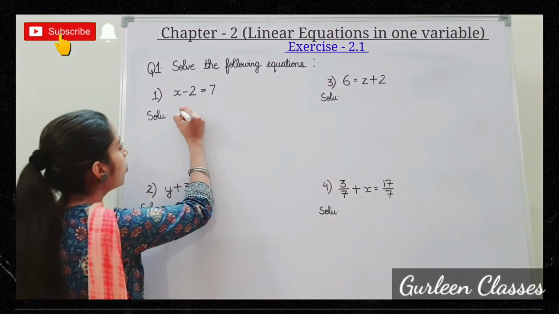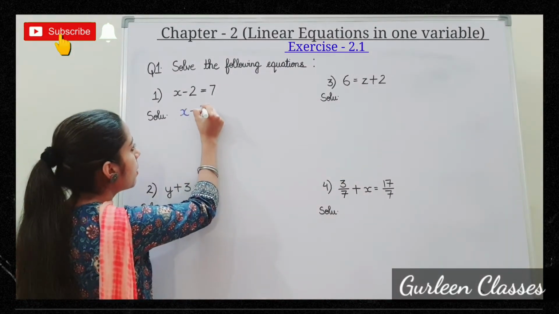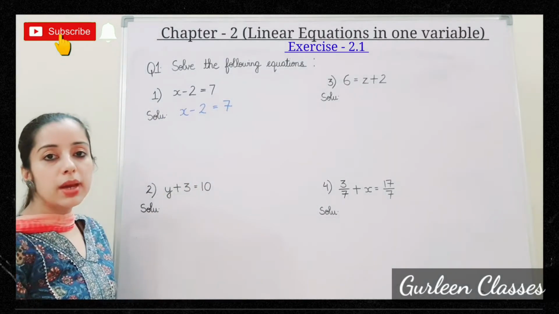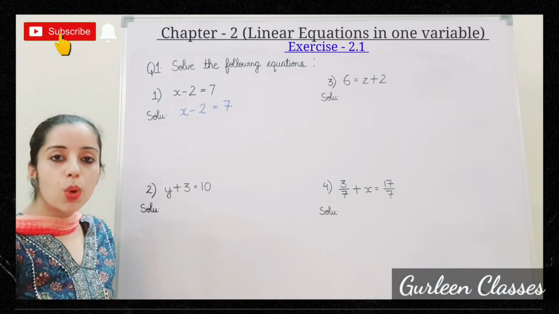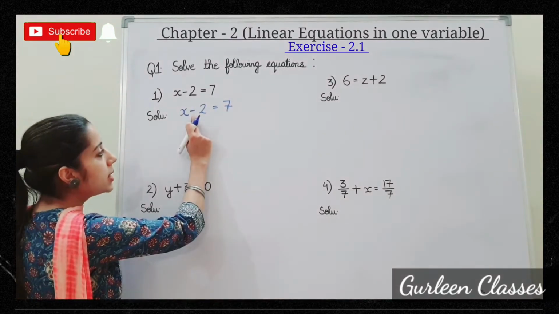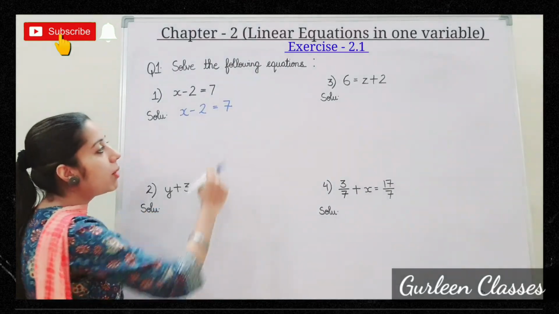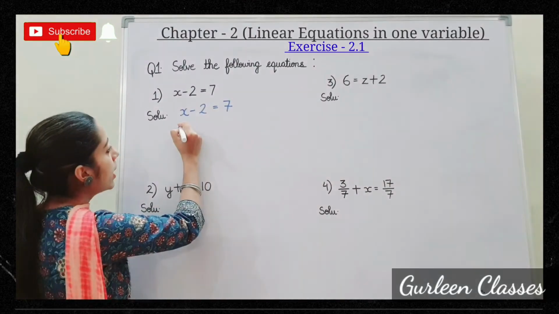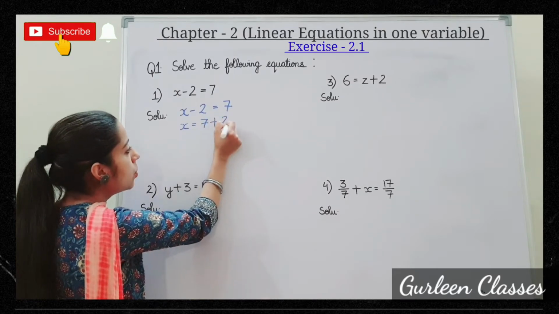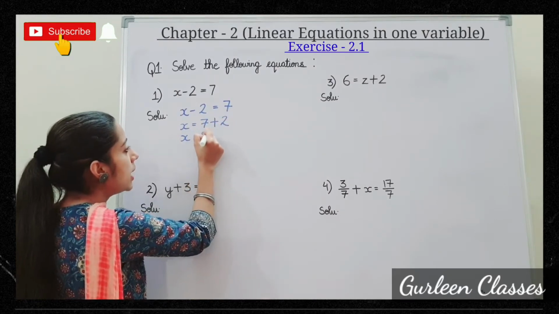So first we have to write down the equation. X minus 2 is equal to 7. In transposing method, we have to transpose or transfer the variable or constant. So here minus 2 will go to the right side, it will become plus 2. So right here x is equal to 7 plus 2. The value of x is 9.